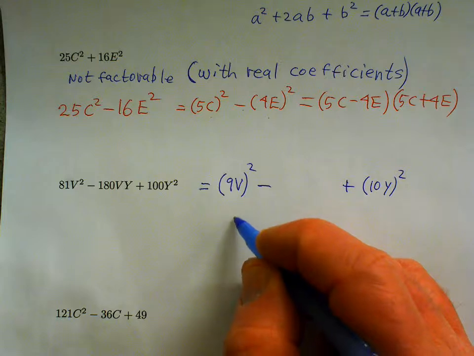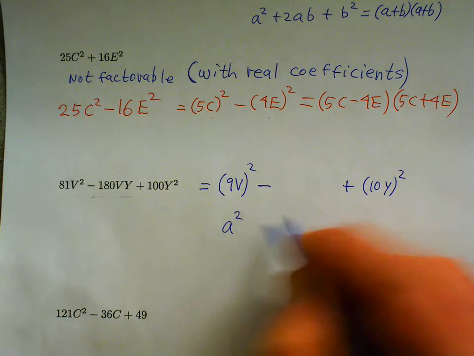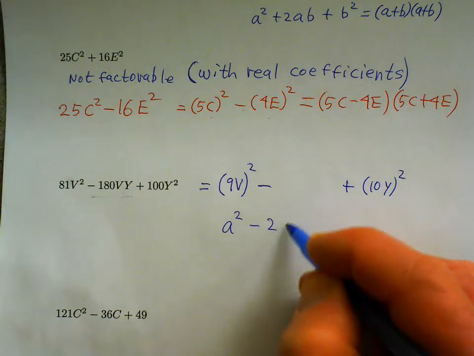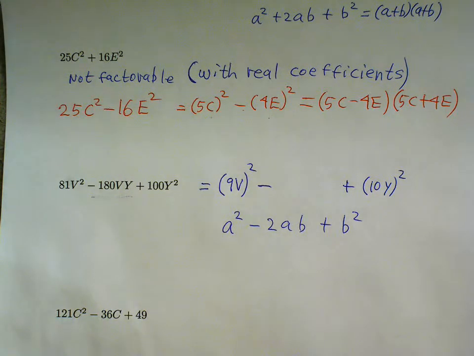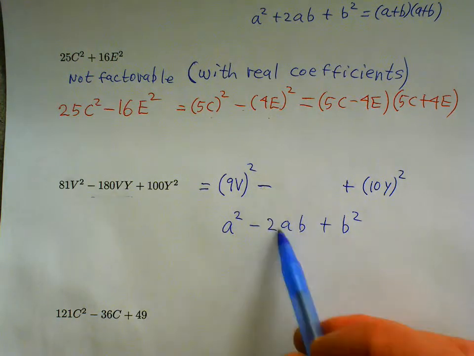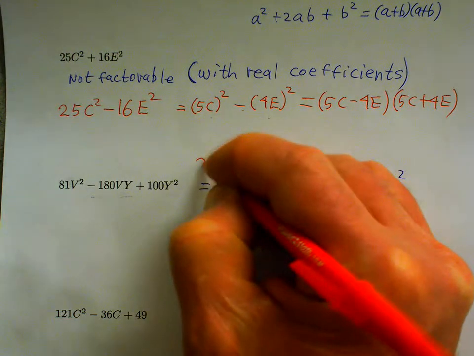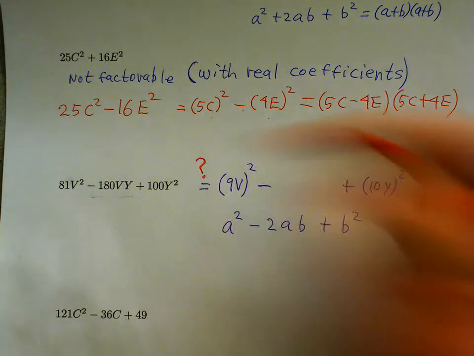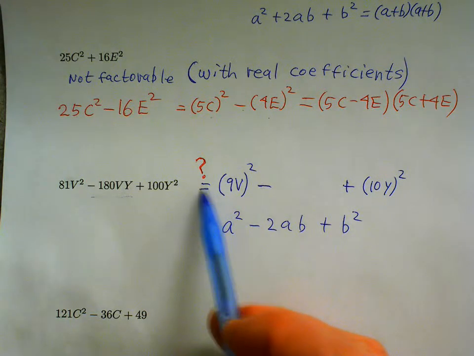So we want to know if the middle term has the right form. So does it have the form minus 2ab? Well, we just put those in. So we're wondering if this has the right form. So we haven't verified that this is really equal yet.